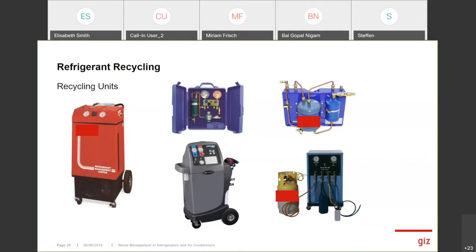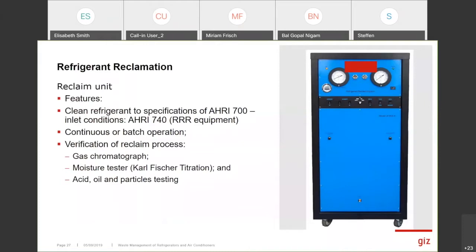The one on the right side is also certified for the work with a refrigerant and to treat it to international standards such as RE 700 or 740. The next slide is a reclamation unit. It can reclaim refrigerant to specification.